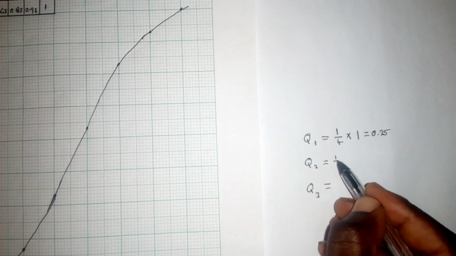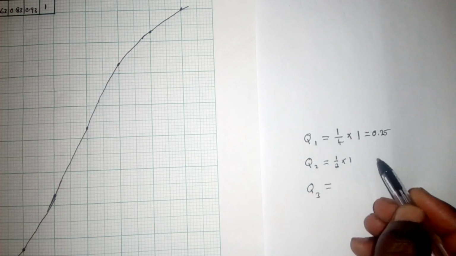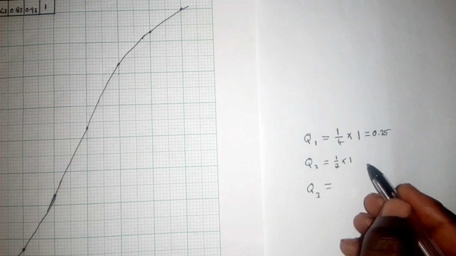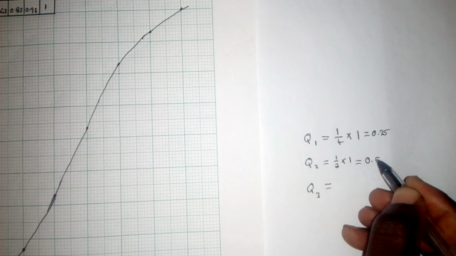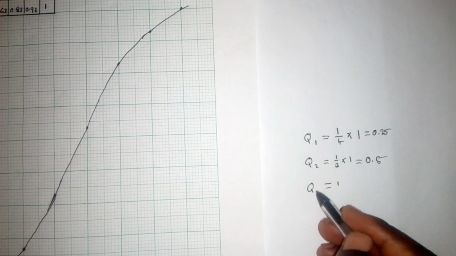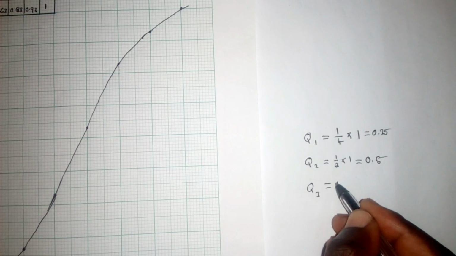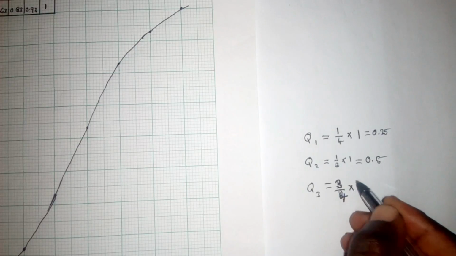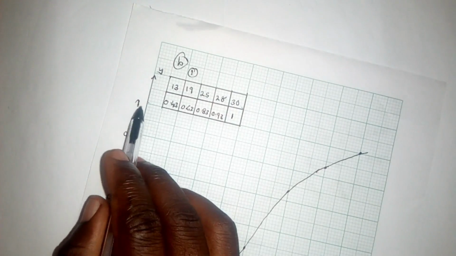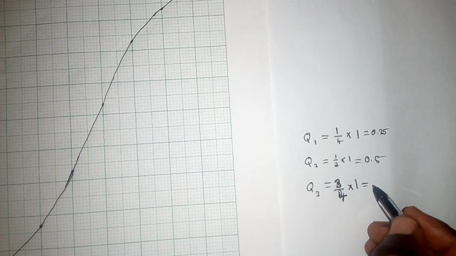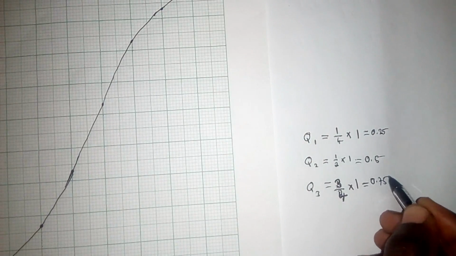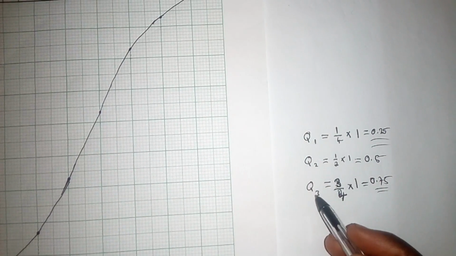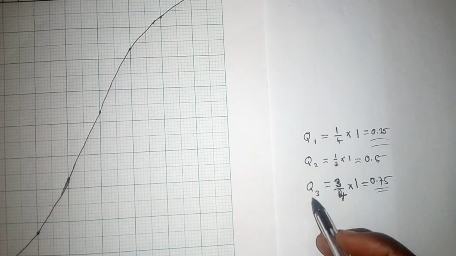For the second quartile, when you multiply, you get 0.5. For the third quartile, it's 3/4 times the number up here, which is 1, giving us 0.75. So these are what we need, mostly the first and third quartiles.